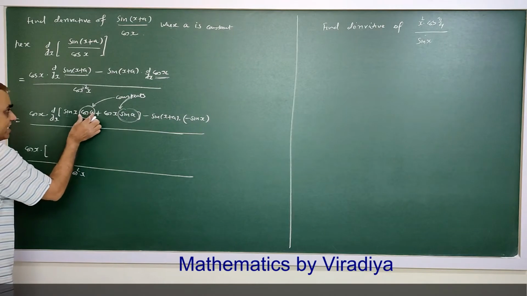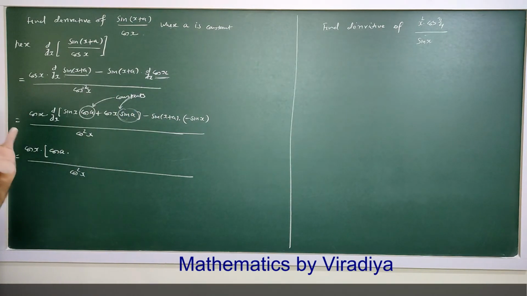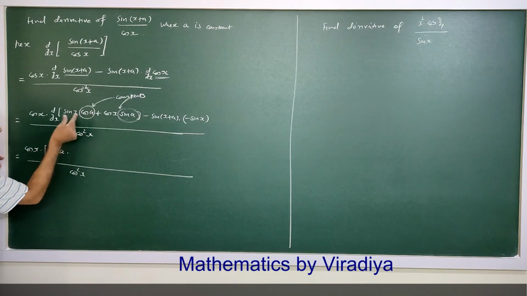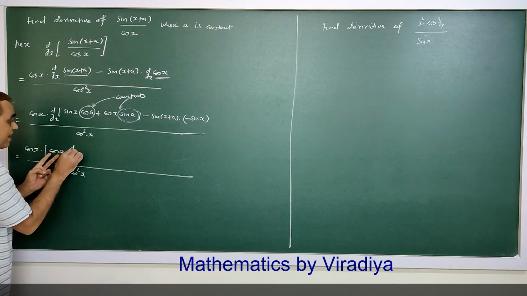So here cos a is constant, it is like k.